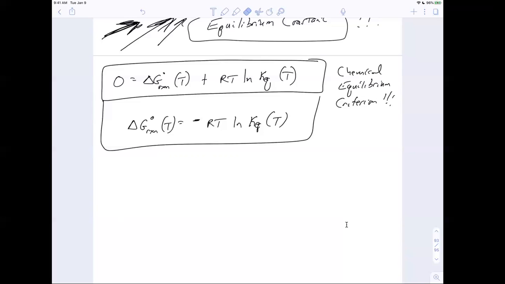And these both arise from our chemical equilibrium criterion. They both arise from our chemical equilibrium criterion. Any questions? Was that clear what I just said?